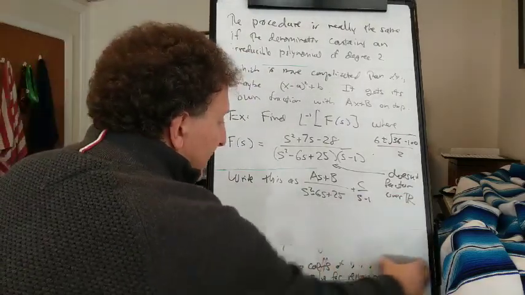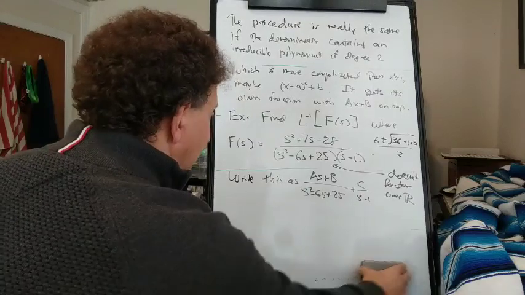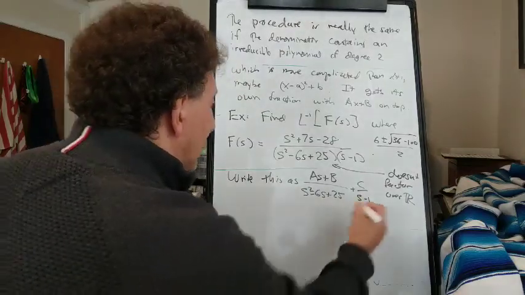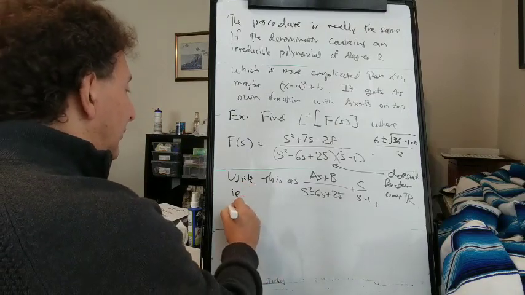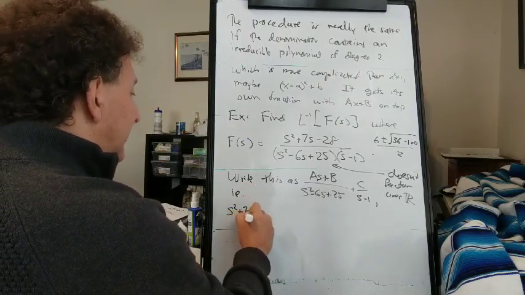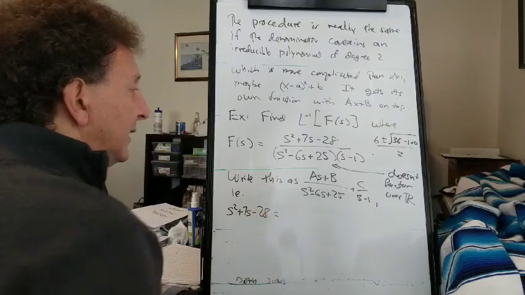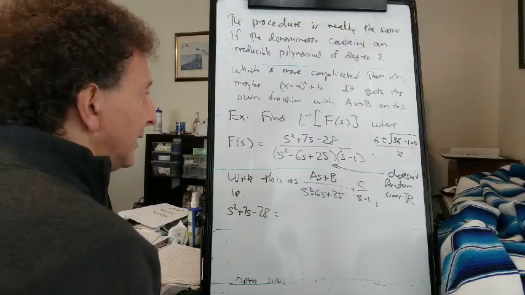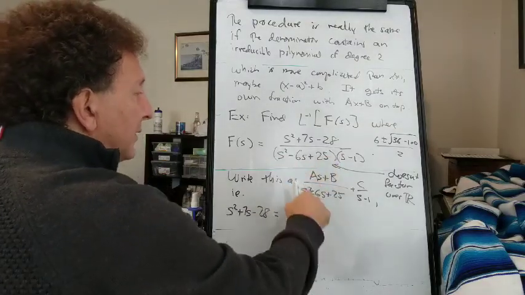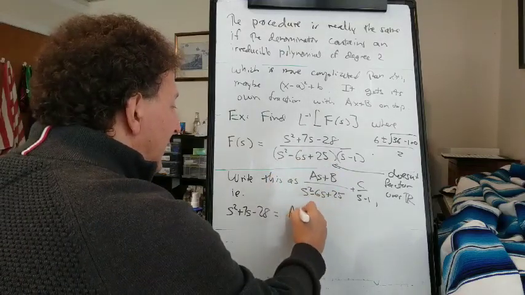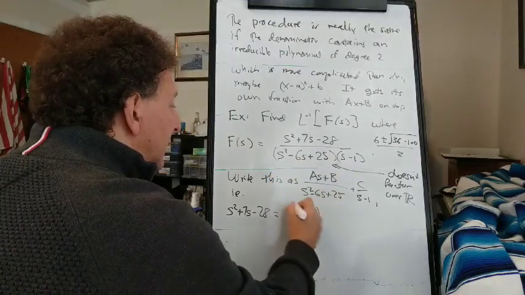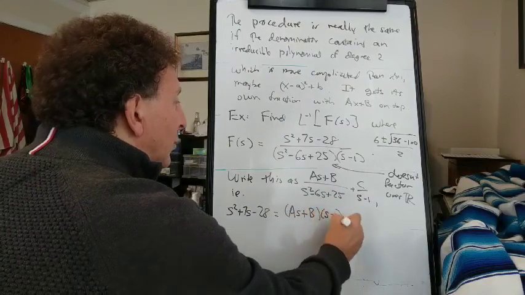Then let's clear denominators. So on the left-hand side, we'll have s squared plus 7s minus 28 equals, on the right-hand side, when we multiply by this, the first factor is going to cancel the denominator, and we'll get as plus b times s minus 1.